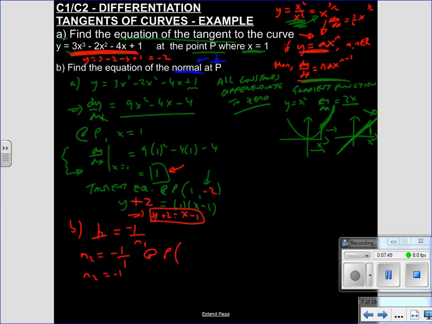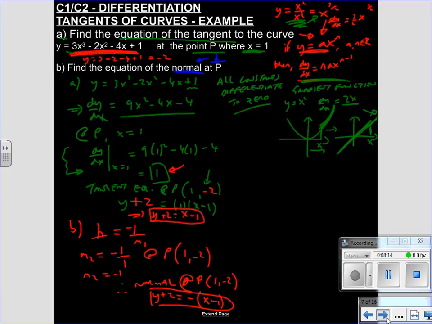And we know that P had coordinates (1, -2). Therefore, the normal at P, let's quote the coordinate, is y plus 2 equals minus 1 times (x minus 1). Easy, see? Once you found that tangent gradient, the rest is okay.